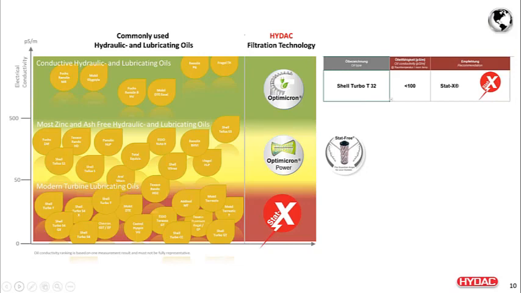So having that, we have a comprehensive tool which is accessible to the HighTech regional sales managers. They can also help you to determine which oil you're using and which technology can be utilized, whether it's StatX, stat-free, or the standard HighTech OptiMicron. The image of the tool is on the right-hand corner of this slide.